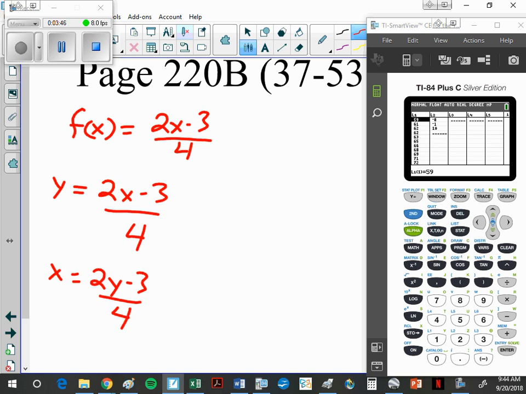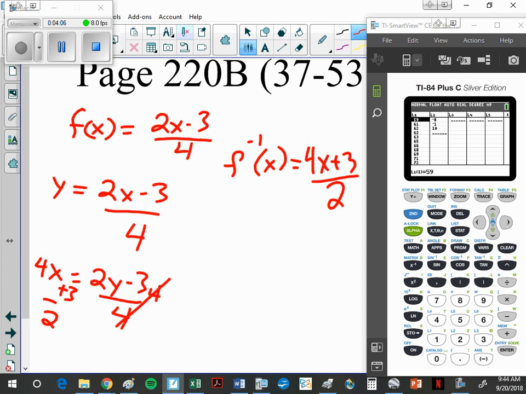And you guys know how to do this. What do I move first? The 4, I times by 4. And then I add the 3. Then I divide by 2. So f inverse of x is 4x plus 3 over 2. Does that make sense? So I just switch the x's and y's and then solve for y.